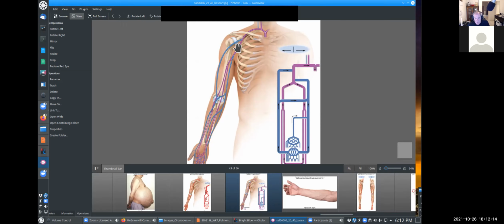When it gets to the shoulder, it turns into the axillary vein. It actually stays axillary until it gets down here. And again, this is kind of diving deep, so I don't think you'll be able to see it, but you can see the axillary. Once it splits, and not before it splits, these are brachial veins. So this never becomes a brachial vein up here.